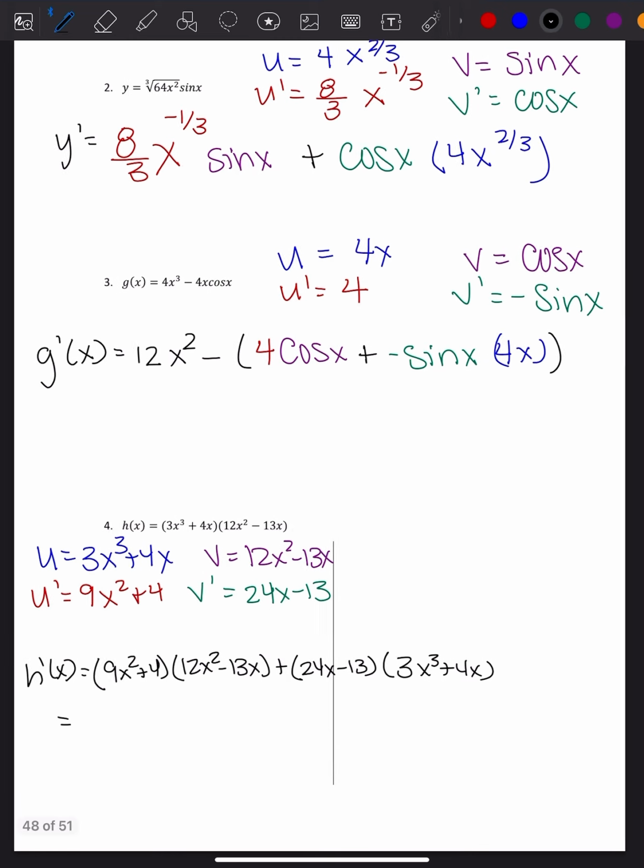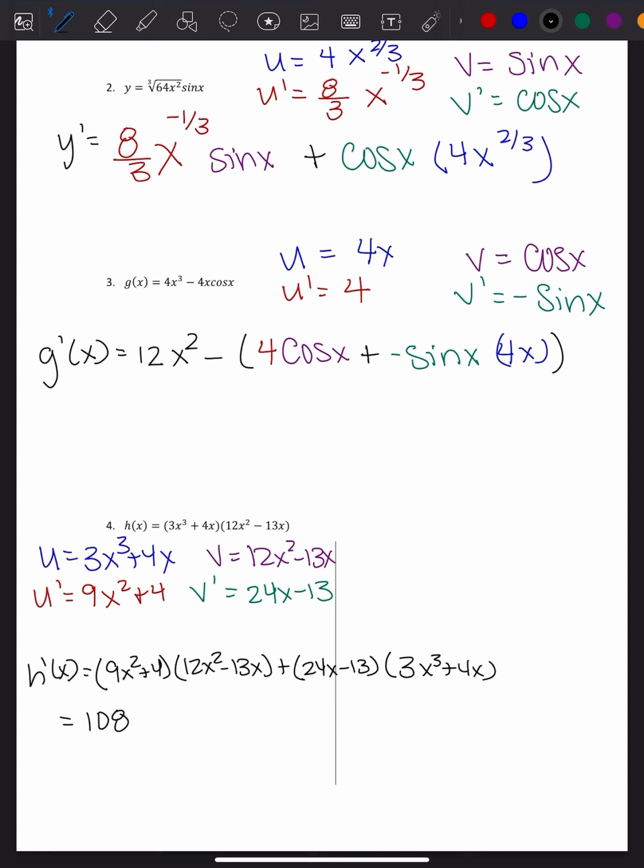So 9 times 12 is 108, x squared times x squared is x to the 4th. We have 9 times 13 to give us 117, but it's negative. X squared times x is x cubed. We have 4 times 12, which is 48 x squared. And 4 times 13, which is 52 x.